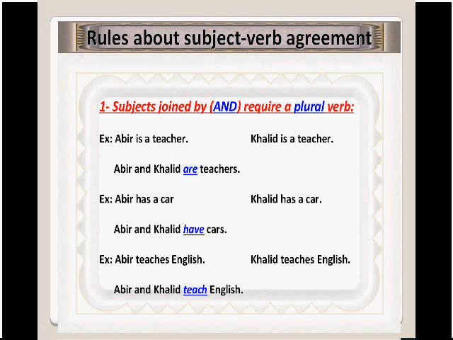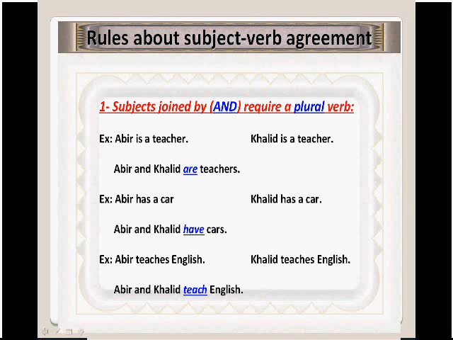What is the difference between this verb teach and the other verb in one of the sentences? So here, in this example, Abir teaches, the verb here is teaches with ES, and here the verb is teach only. Why?